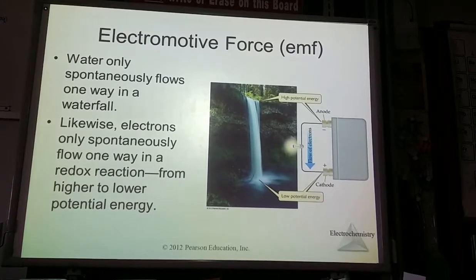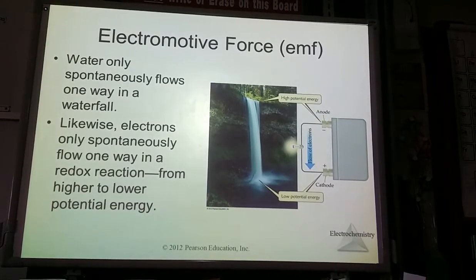So just like the flow of water for a waterfall is spontaneous, I want you to think about electrons as flowing spontaneously only in one direction. And again, we already said that's from anode to cathode. If the anode is negative, electrons don't want to stay next to a negative terminal because it's creating a lot of repulsion. So they're going to want to move spontaneously to a positive terminal, the cathode.